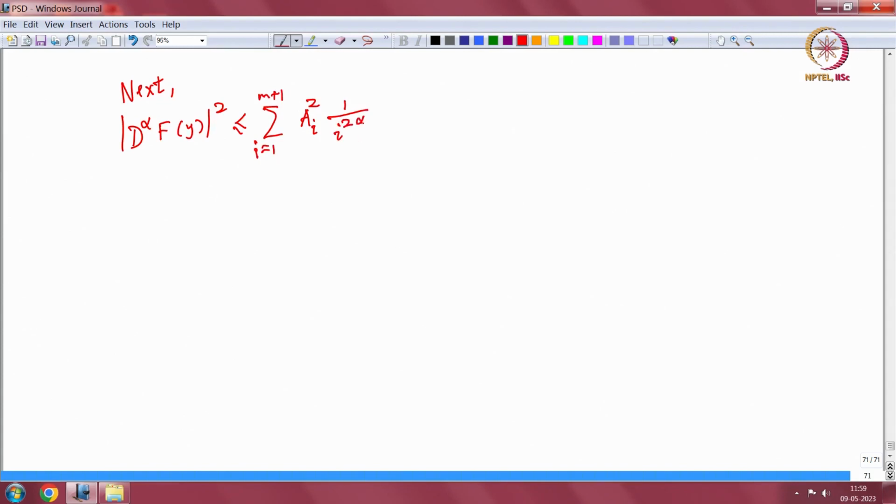So this is the nth component of the multi-index, and then D^α f(y', minus y_n by i) squared.